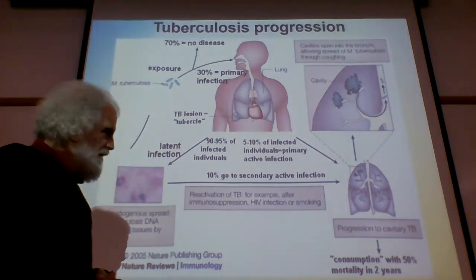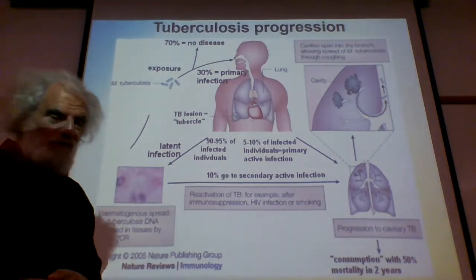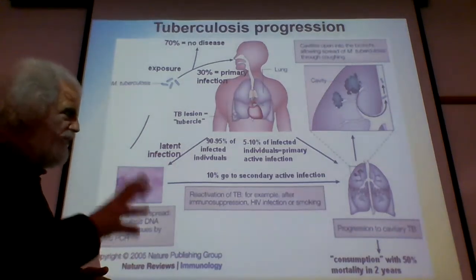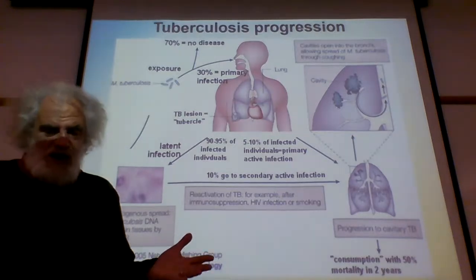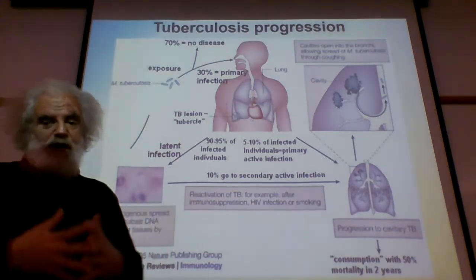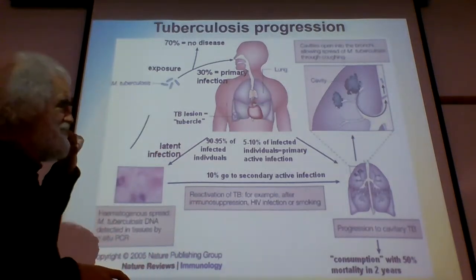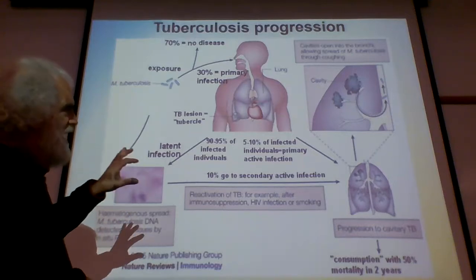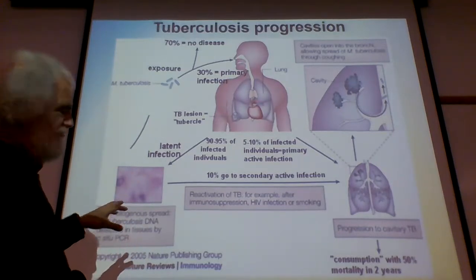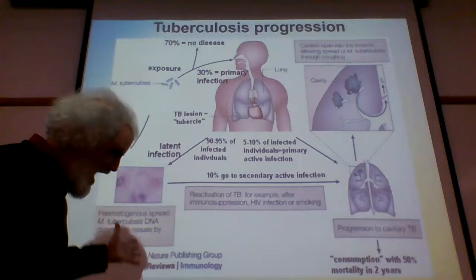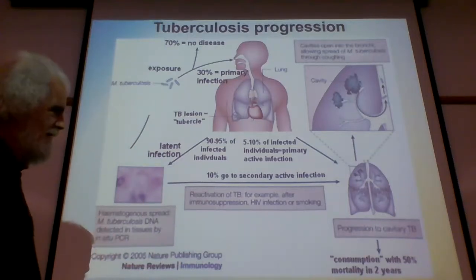And other things like smoking and poor health also can result in both a reemergence of the bacteria or a sensitivity to the infection. So you can actually have it and not have an active infection. You have what we think of as a latent infection, and then it can come back up.